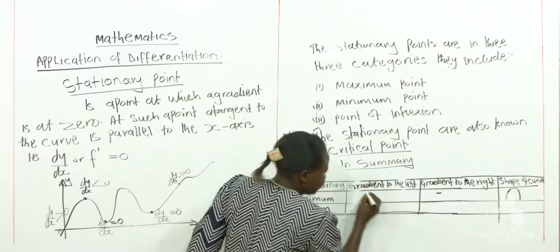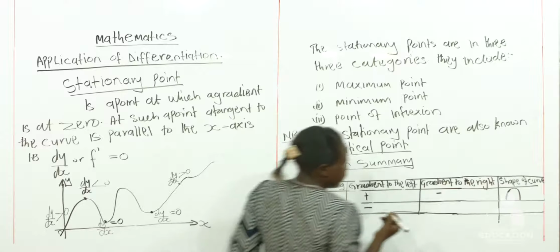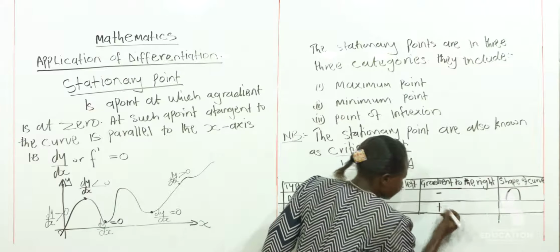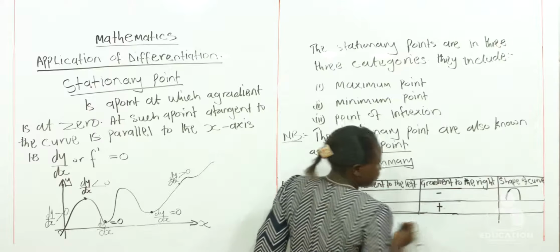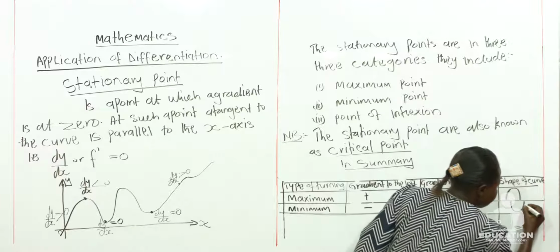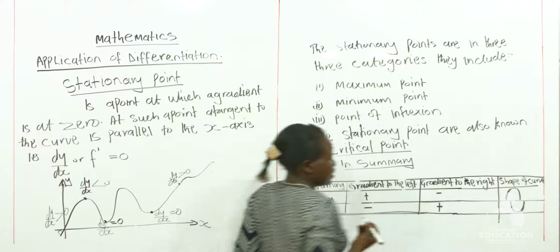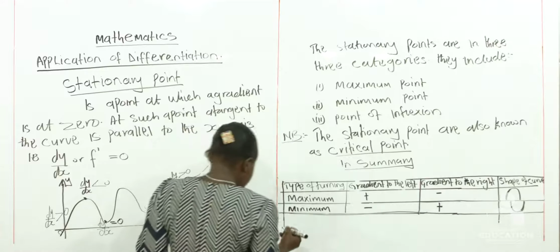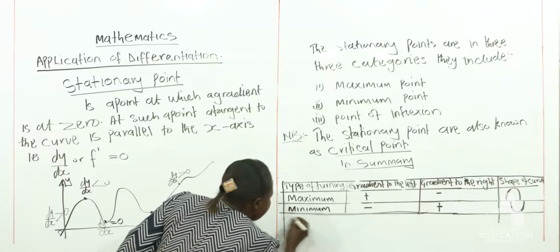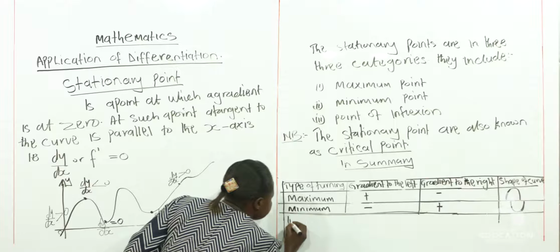The gradient to the left will be negative, and then the gradient to the right will be positive, and then the shape of the curve will be in the form of a U. So that is the shape of our curve. And then we have points of inflection.